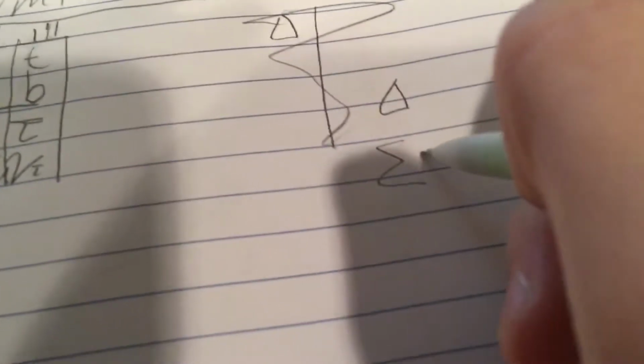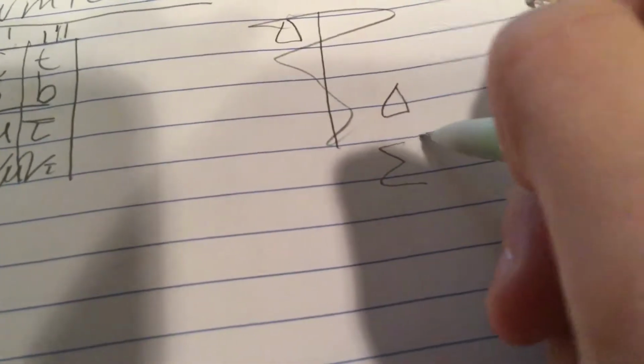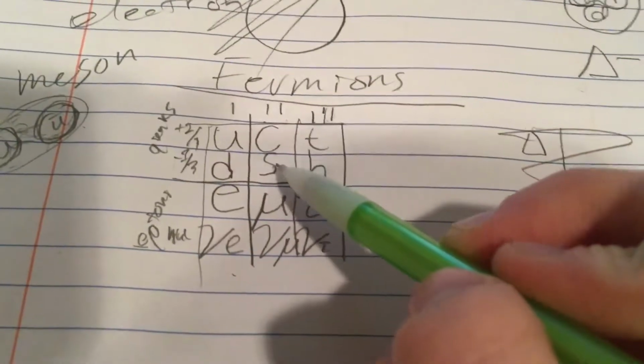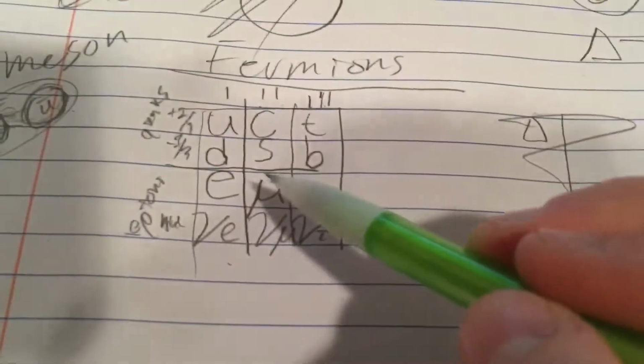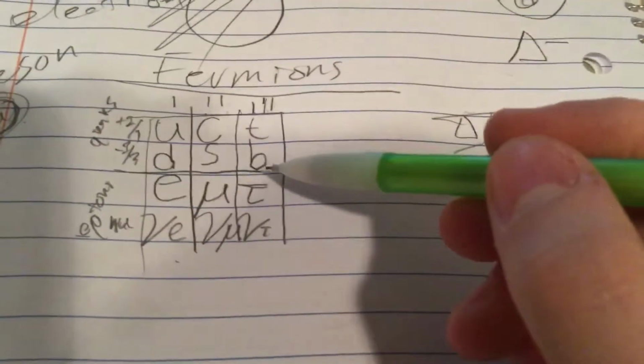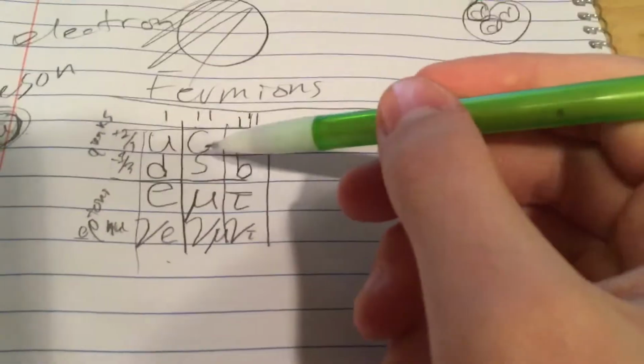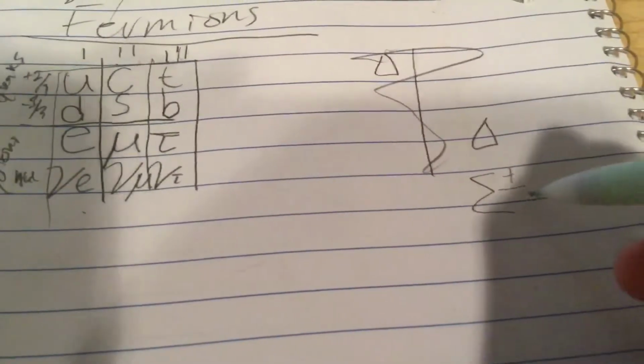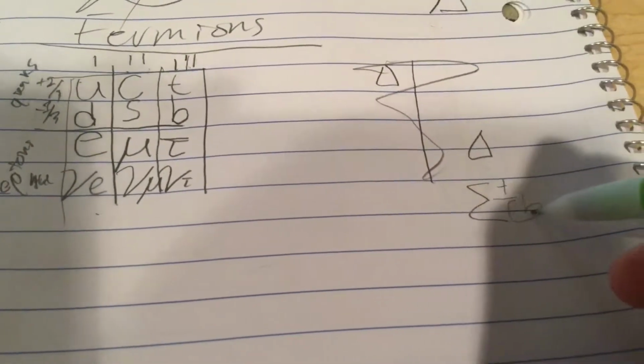And if it's a strange quark, you put the charge right here if it's positive or negative. And whether or not, if it's a strange quark that's in there, you don't need to put that for some reason. And then if it's a charm quark or a bottom quark, because remember, it can't be a top quark because top quarks can't exist, you have to put that there. So charm or bottom or whatever.